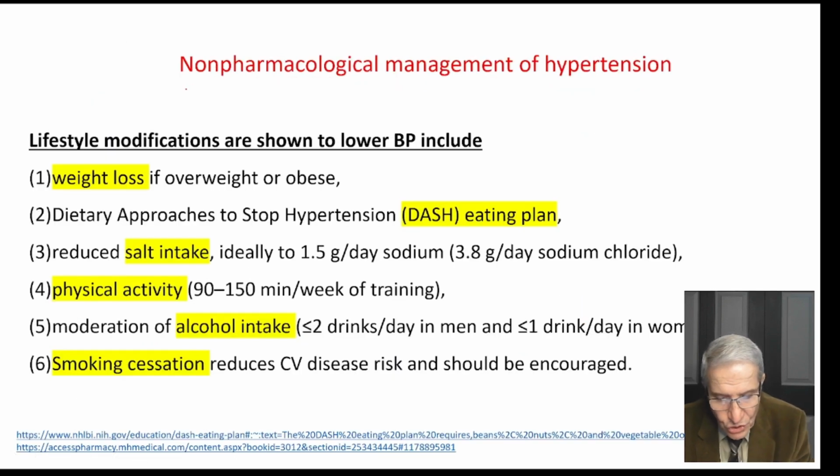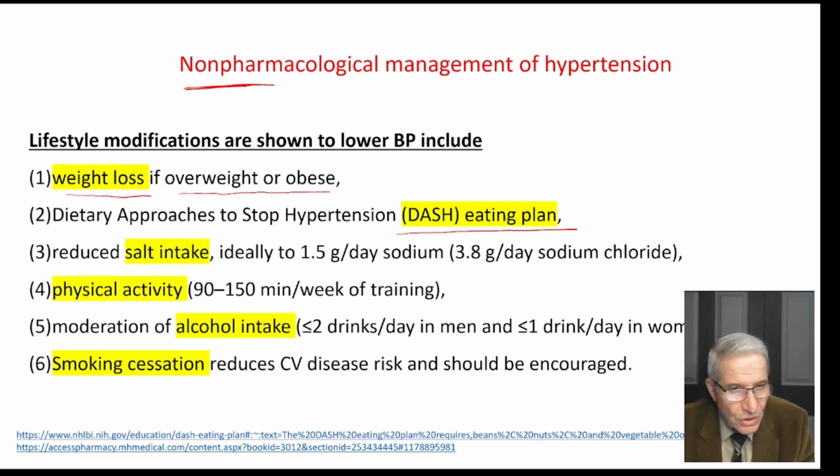Non-pharmacological approach for management of hypertension. We recommend the patient lose weight if overweight or obese. Dietary approach: go to the DASH diet, which encourages fruit and vegetables and avoids fat and red meat. Reduce salt intake to 1.5 gram per day for sodium, or 3.8 gram per day for sodium chloride.